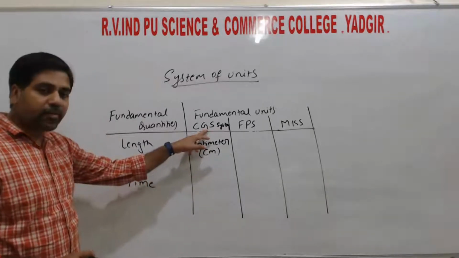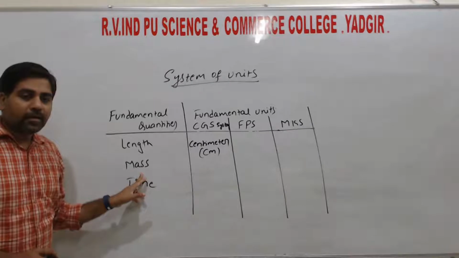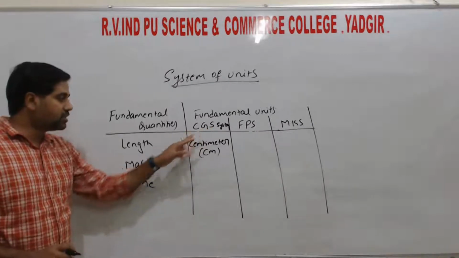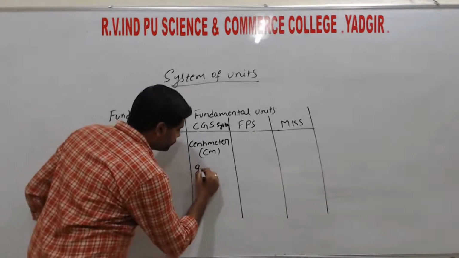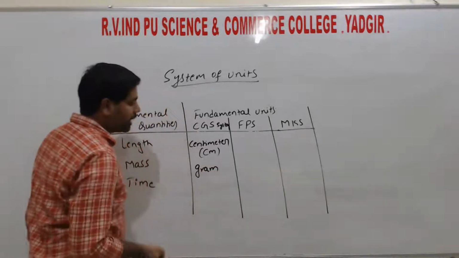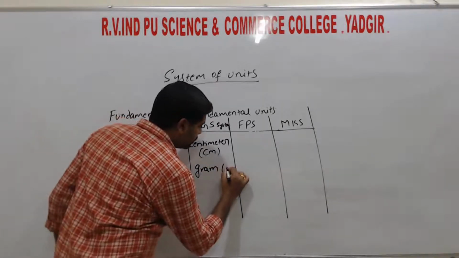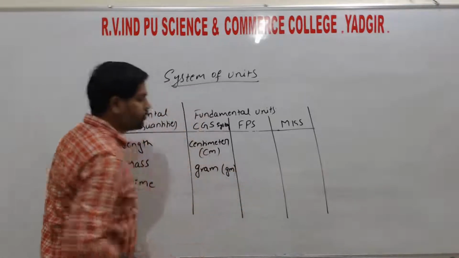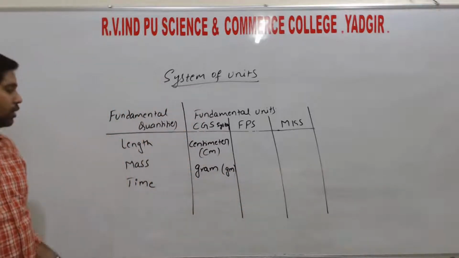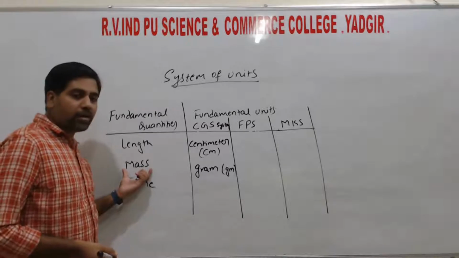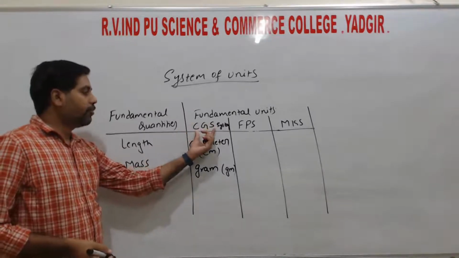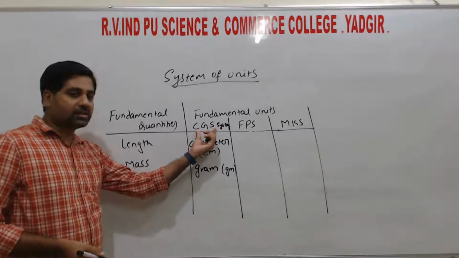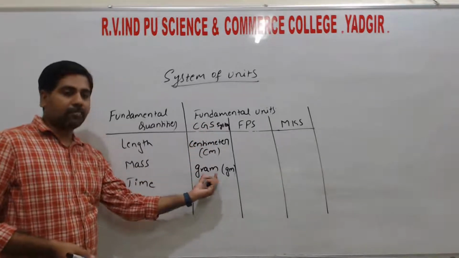Next, G represents what? To measure the mass. In the CGS system, mass is measured by the unit gram, right? The symbol is Gm. So mass is the fundamental quantity, and in the CGS system it is measured in gram.